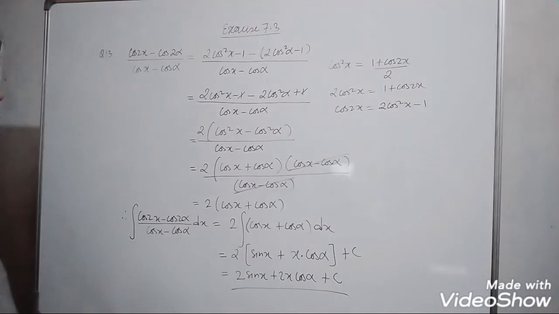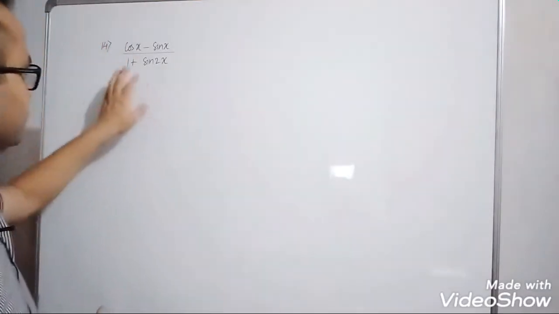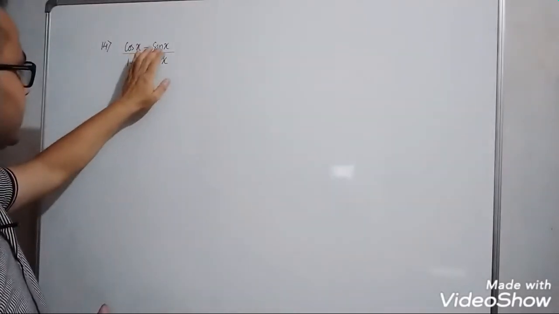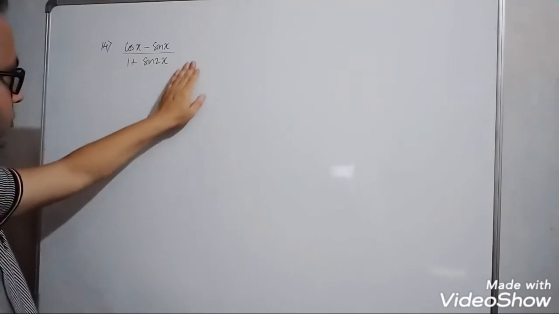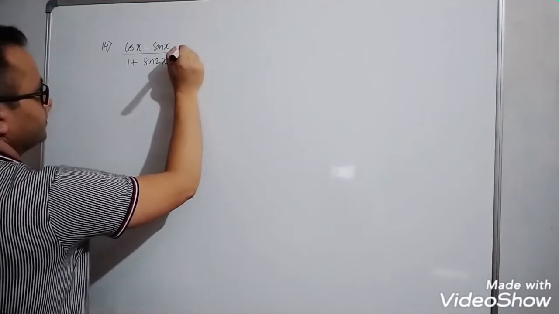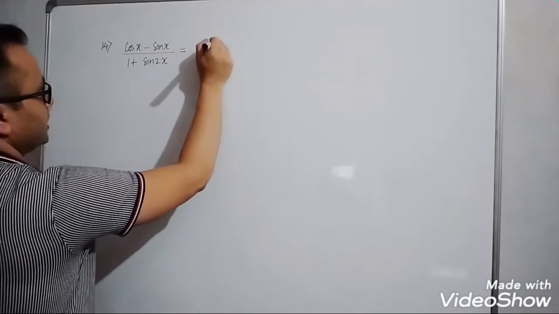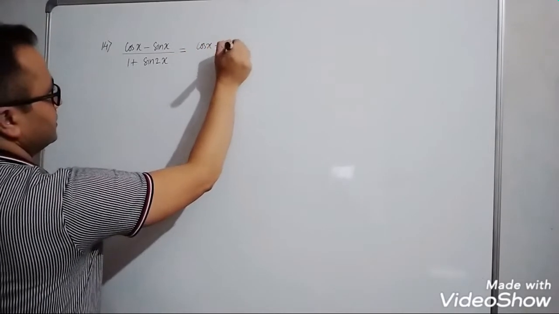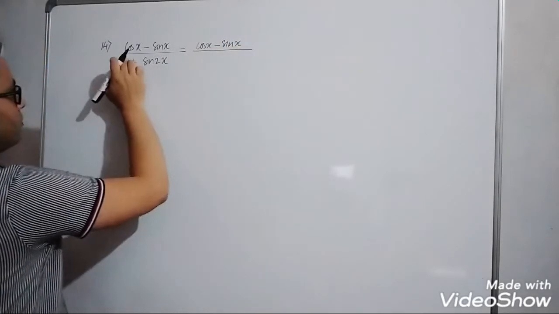Now move to question number 14. Question number 14 is cos x minus sin x divided by 1 plus sin 2x. First we have to simplify this. This equals cos x minus sin x divided by, in the denominator, we have to put the formula of 1.